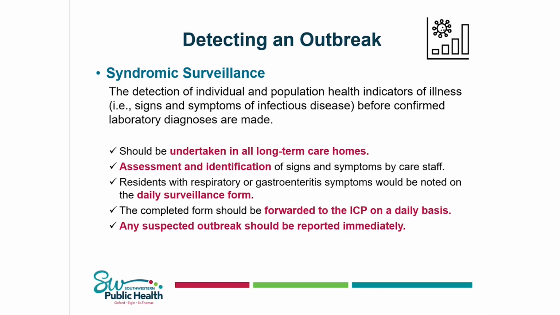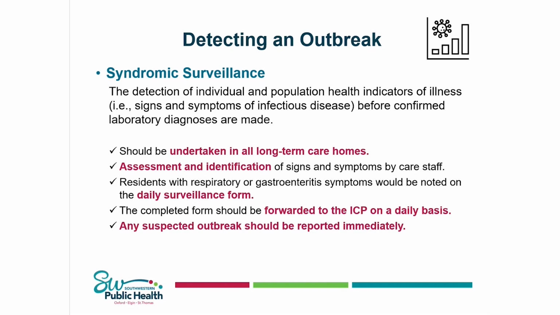And then that individual will be looking for clusters of cases. So if we're tracking those daily symptoms on this daily surveillance form, it helps with establishing your baseline for infections, so we know what's normal at a given period of time, seasonally at your facility for specific infections.